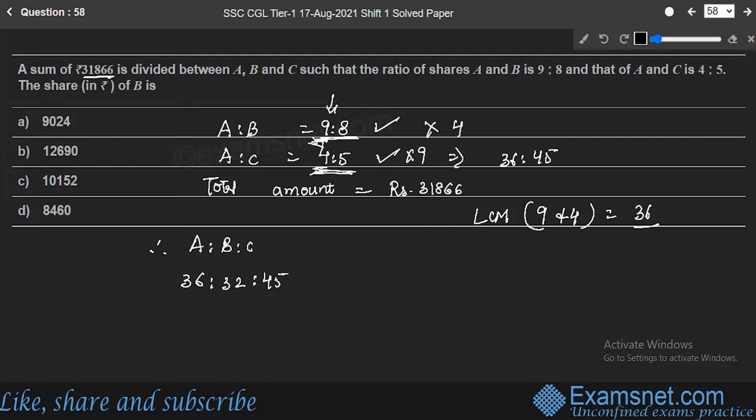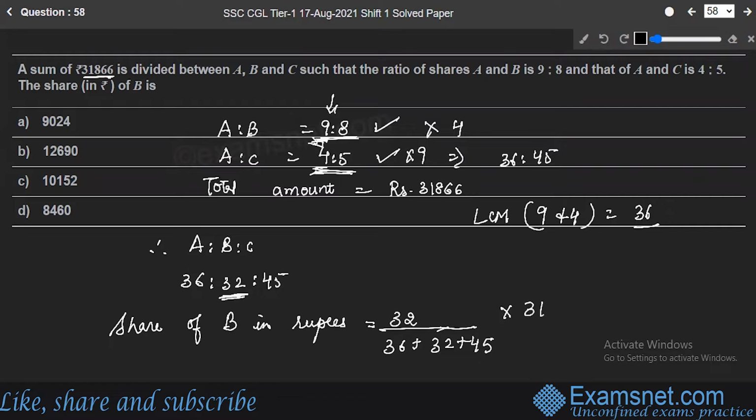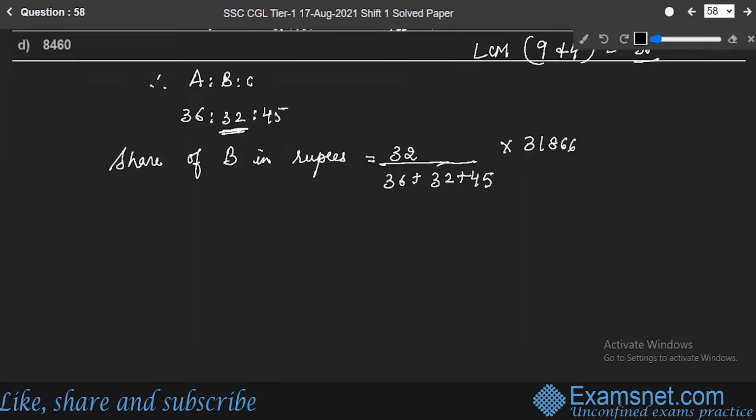What do you have to find out? You have to find out the share of B in rupees. Share of B in rupees is equal to 32 upon total. What was the total? 36 plus 32 plus 45, right? Multiplied by 31866.